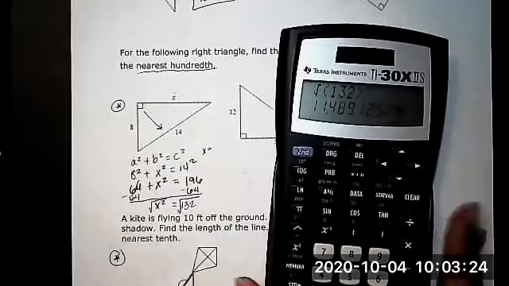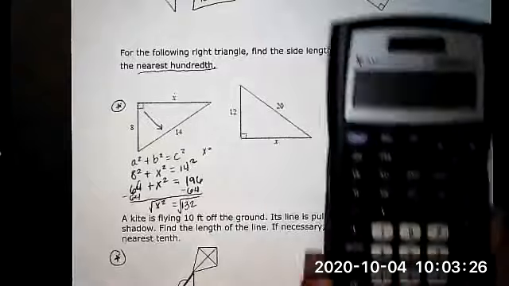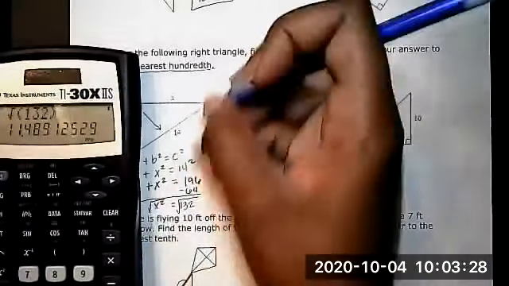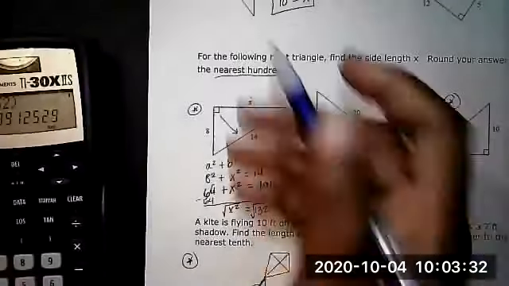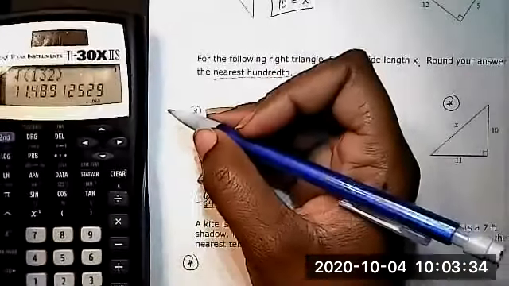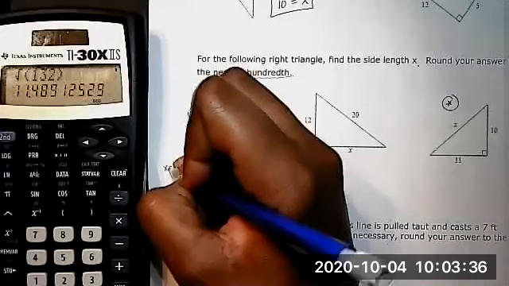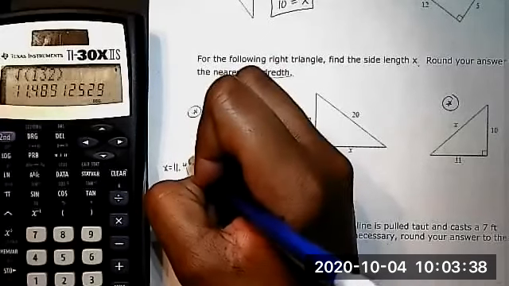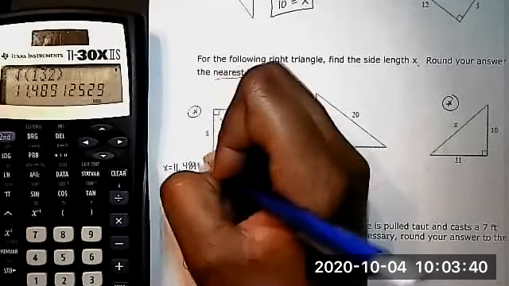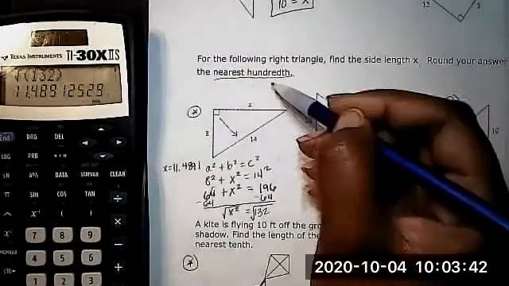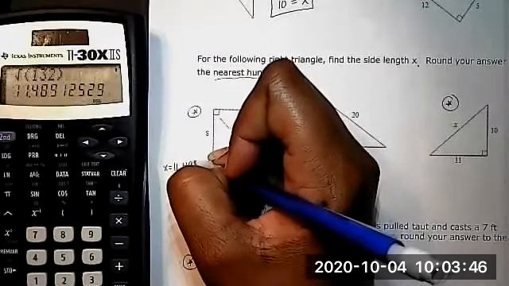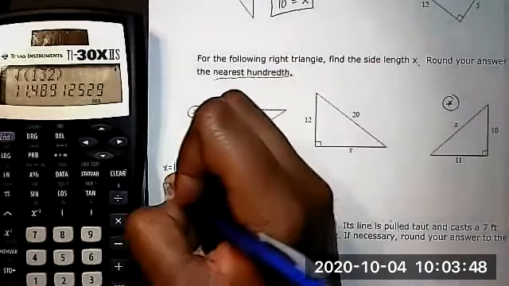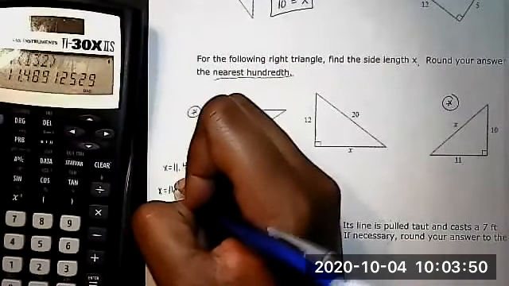Again, it wants it to the nearest hundredth. So it looks like it's going to be 11.4891, and so on. But it said nearest hundredth, so they want this number. The next number is 5 or bigger, so that will go up. So your answer would be 11.49.